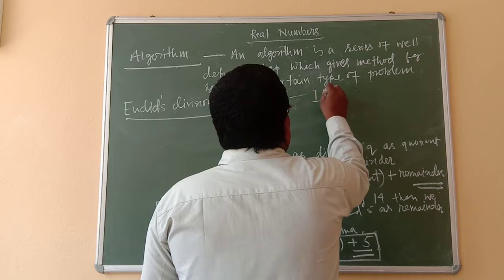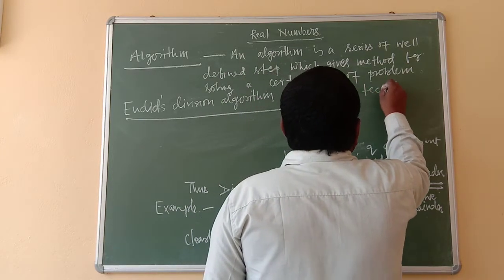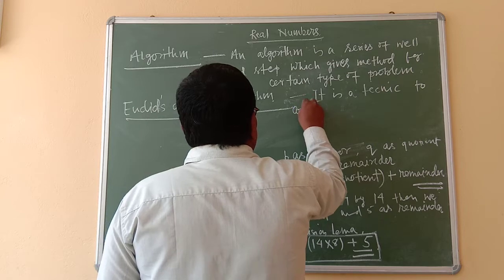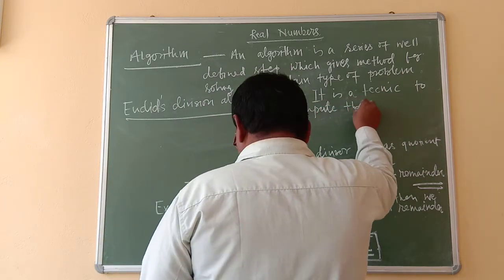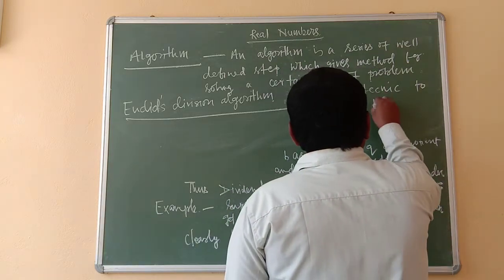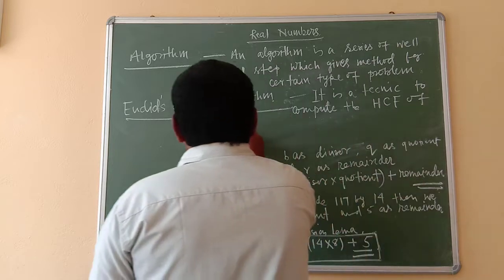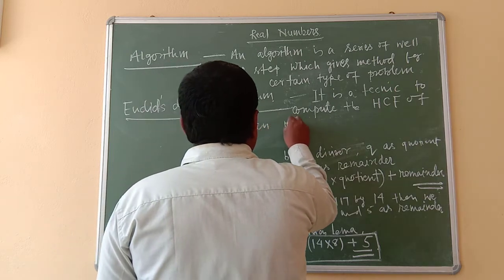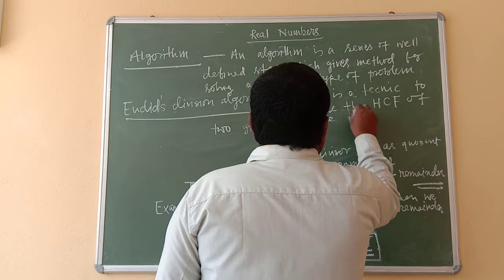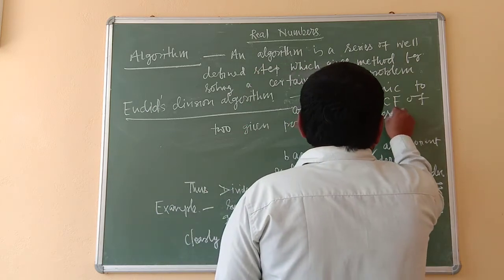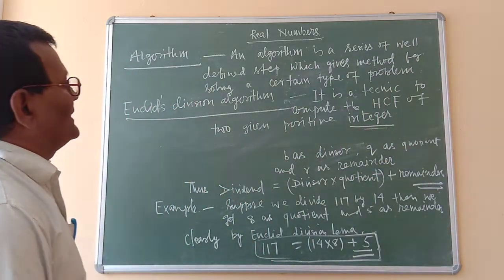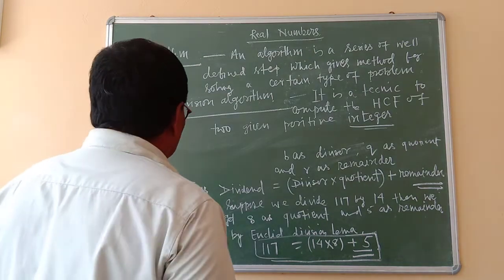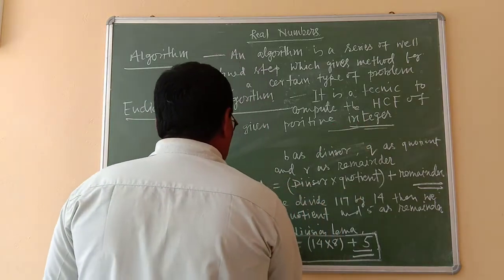It is a technique to compute the HCF of two given positive integers. a is equal to bq plus r is a formula, Euclid's division lemma.